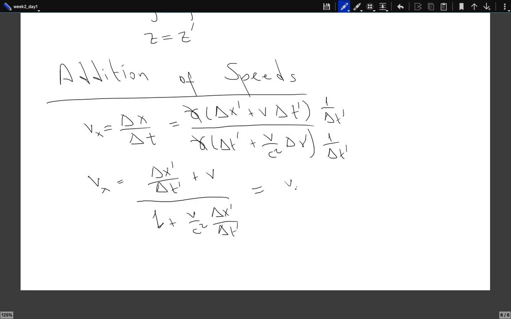This is nothing but Vx prime plus v divided by 1 plus v over c squared times Vx prime. Again, I repeat, this v is also in the direction of x. And this is how the speeds in the direction of the relative speed of the reference frames add up.